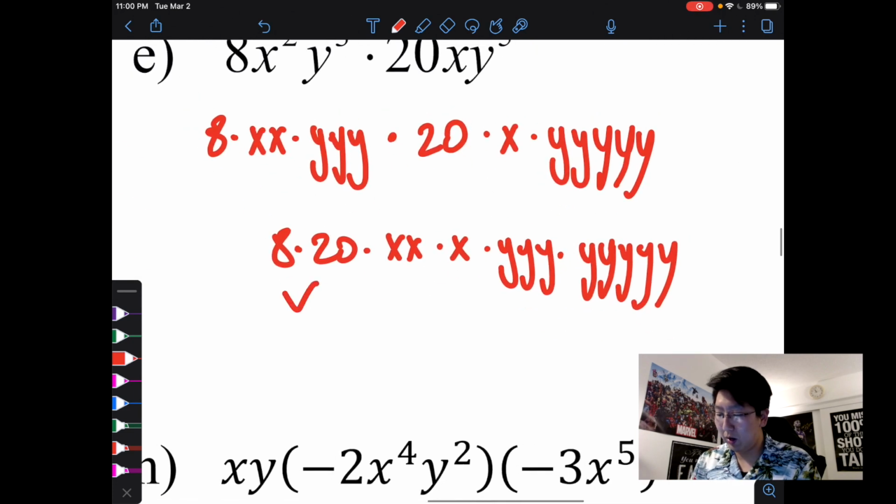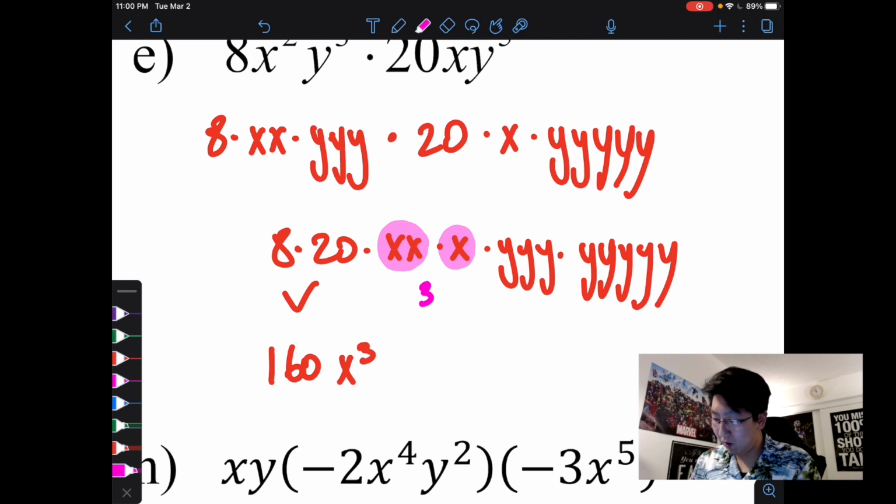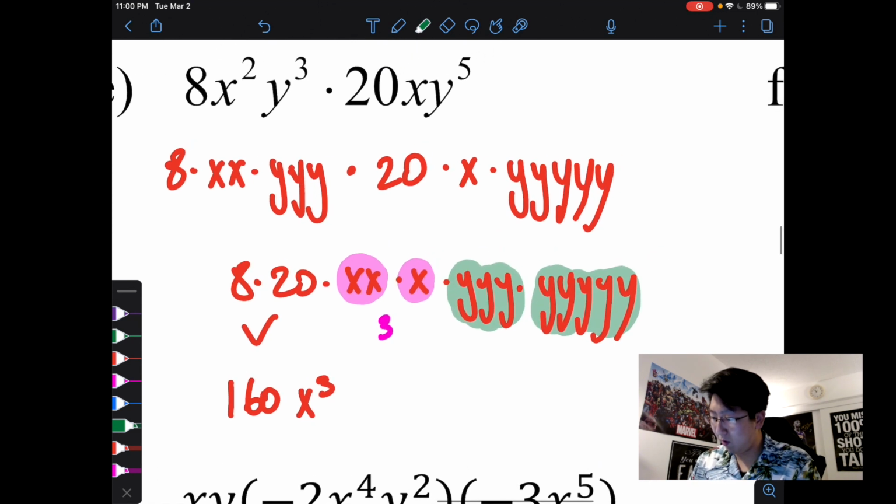Once I reorder, I can simplify. 8 times 20 is 160. I have a total of 1, 2, 3, so I have 3. So I have x to the 3rd. And then I have, let's go green. 1, 2, 3, 4, 5, 6, 7, 8.